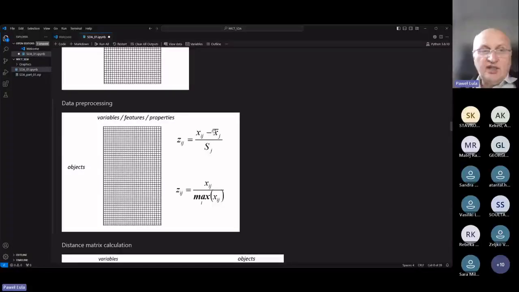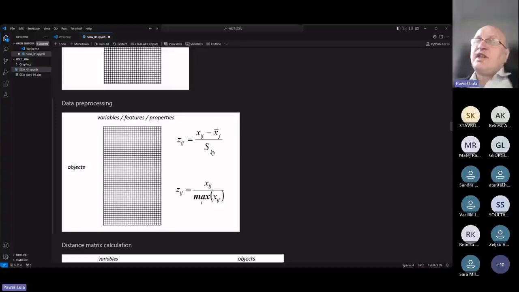A formula is here, but we should remember the way in which we should interpret this formula. It is a formula which we can use when we want to have the significance of every variable on the same level.